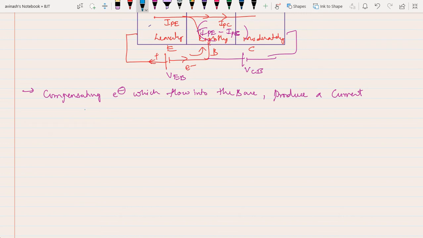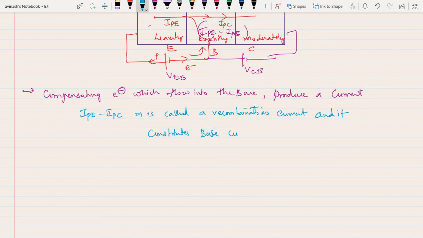This is called a recombination current, and it constitutes the base current.